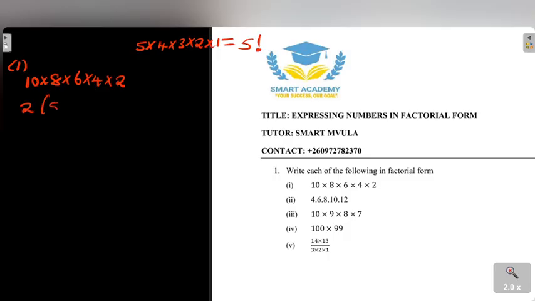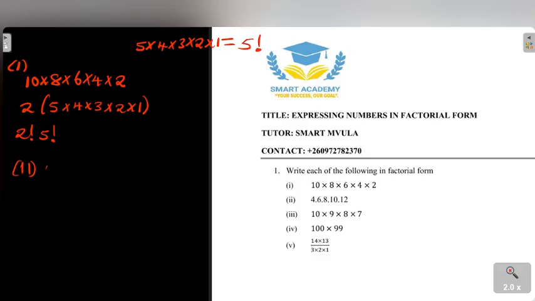So meaning that we have a 5 times 4 times a 3 times what? A 2 times a 1. That's what we do. So now 2 in factorial form, it will be 2 factorial. Then 5 times 4 times 3 times 2 times 1, this can be written as 5 factorial. So that's how you answer that one.